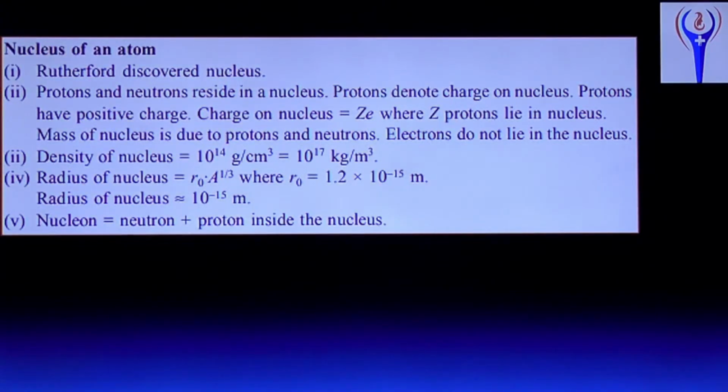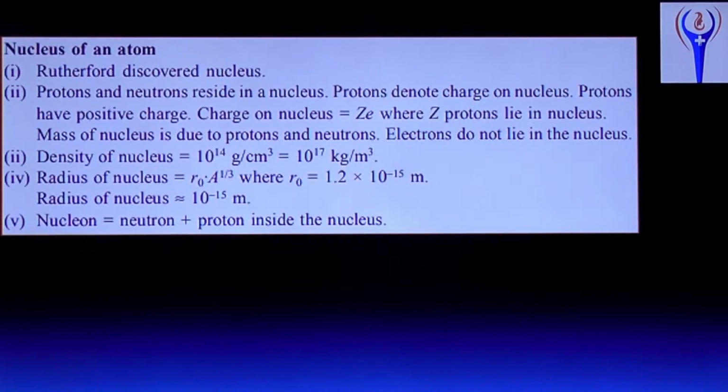Nucleus of an atom. Rutherford discovered the nucleus. Rutherford first discovered the nucleus, and protons and neutrons reside inside a nucleus. Before the discovery of the nucleus, they assumed that atoms had electrons outside and protons inside.